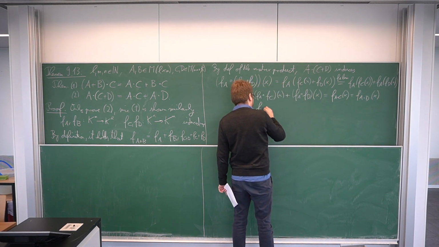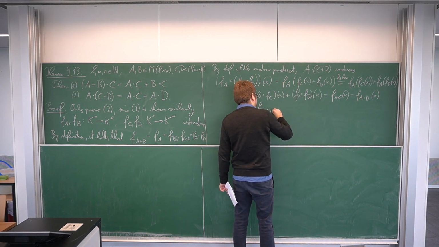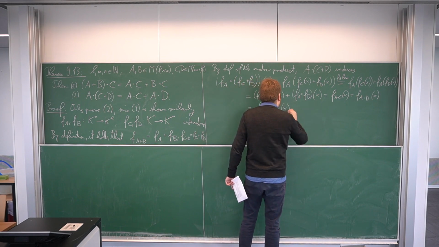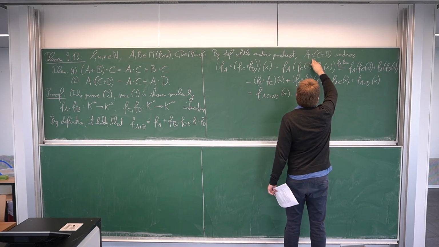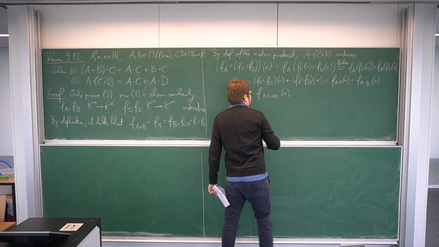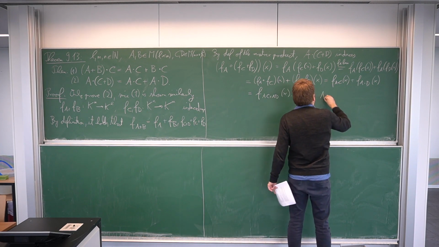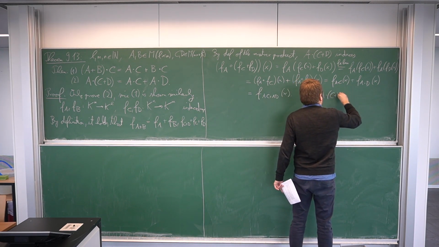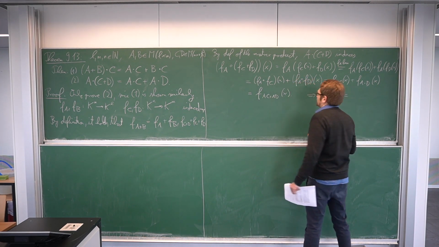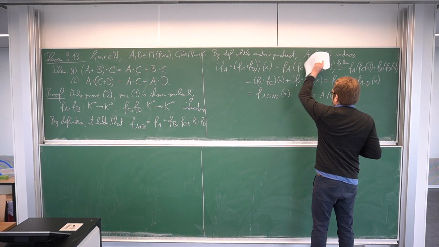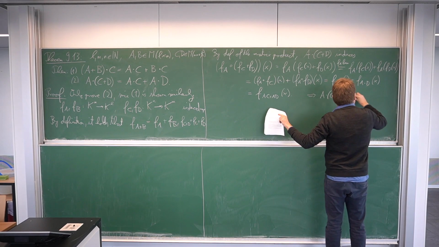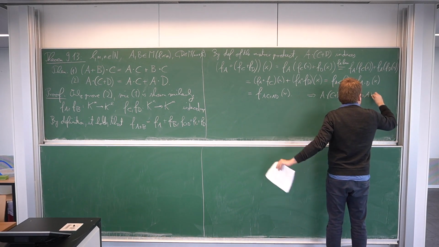So this is F of AC plus AD of x, and by what we saw in the beginning, this is induced by A times (C plus D). So it follows that A times (C plus D) must be the same, since if the induced maps coincide, the matrices coincide. This matrix must be the same as this one, and this is precisely what we wanted to show.